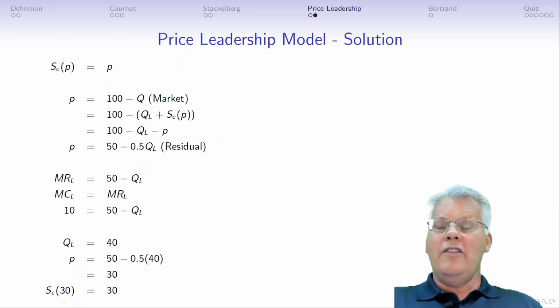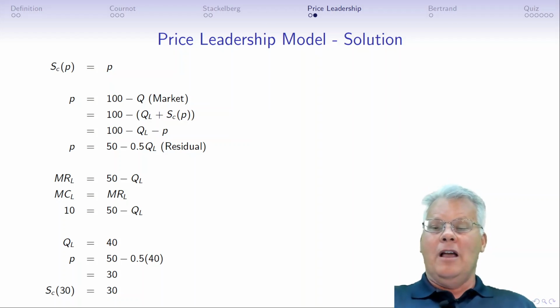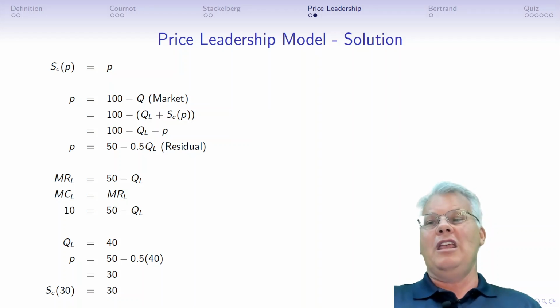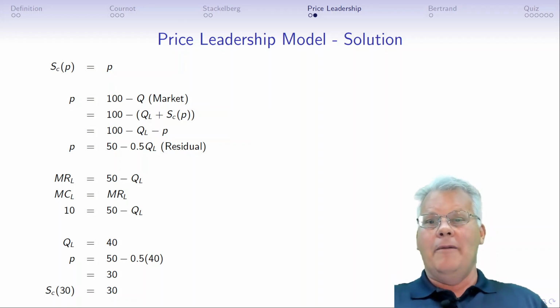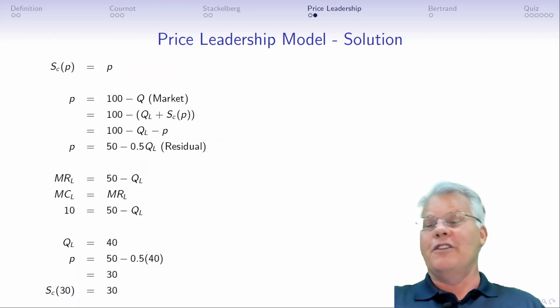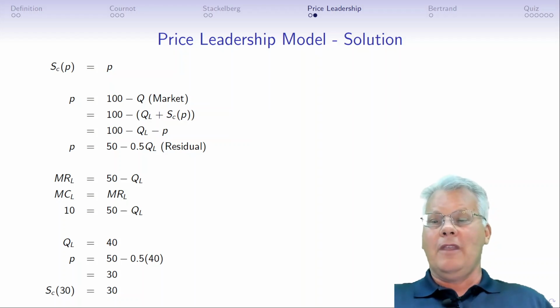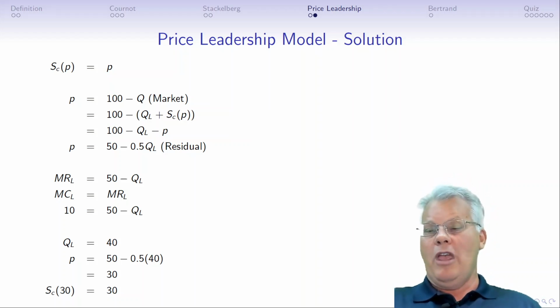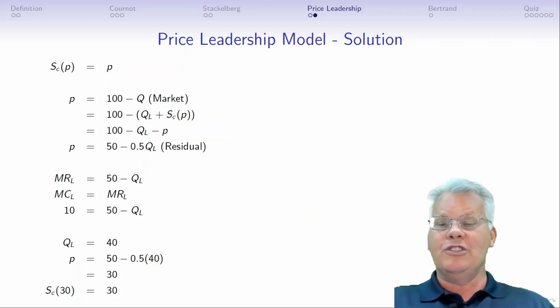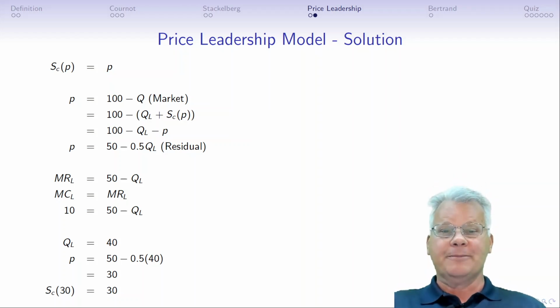So when the leader firm announces the price of 30, that price gets put into the other firms', the follower firms' or competitive firms', supply function, and we can get the quantity that's produced by the competitor firms.